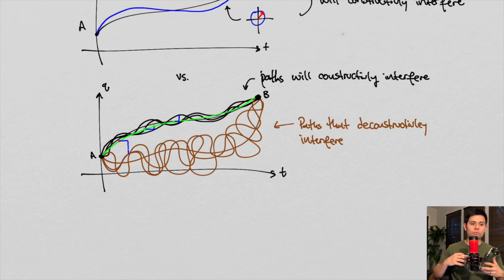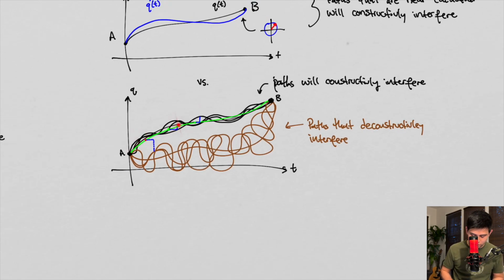The paths that are more likely to occur are closer to the lowest action, because they're all constructively interfering, whereas the paths further away from the lowest action will destructively interfere with one another.